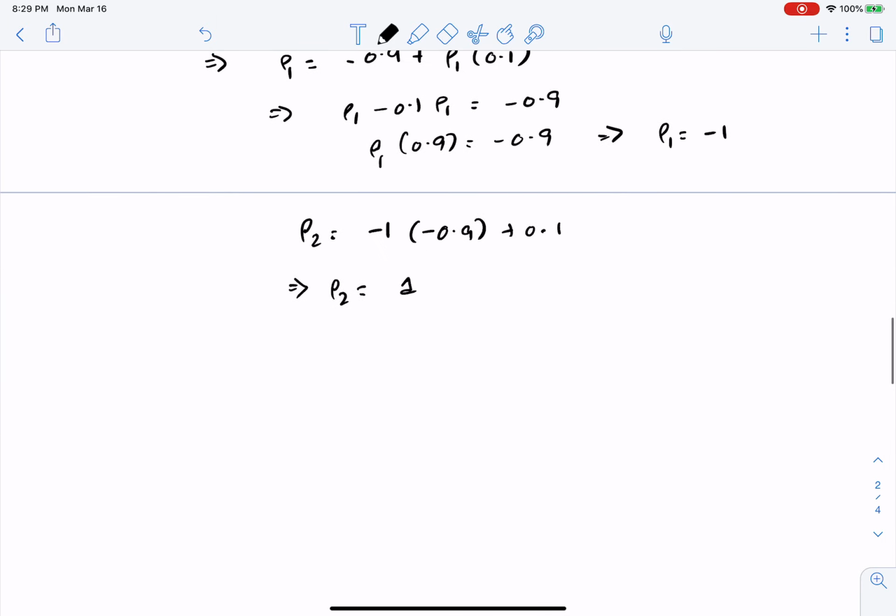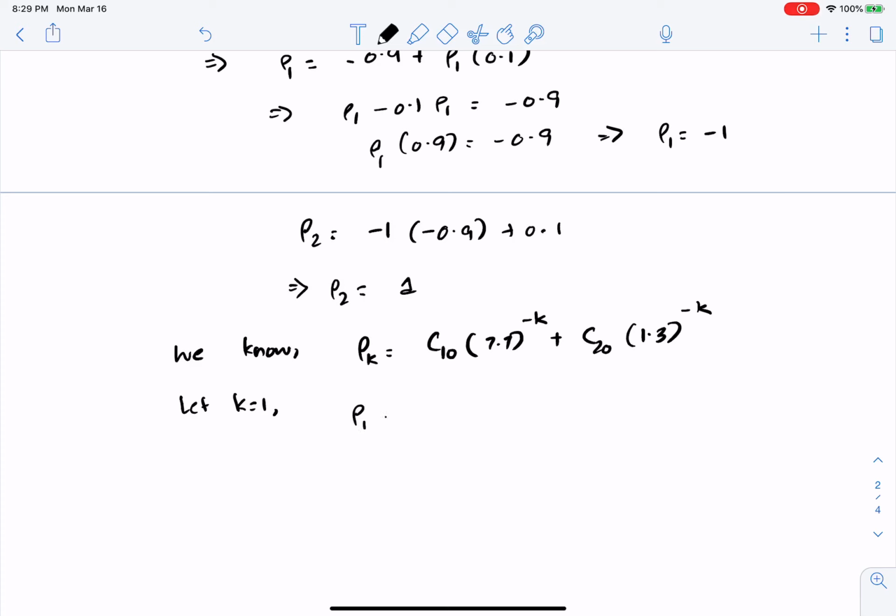So going back to row k, let k equal 1. This would imply row 1 equals C10 times 7.7 raised to negative 1, plus C20 times 1.3 raised to negative 1.